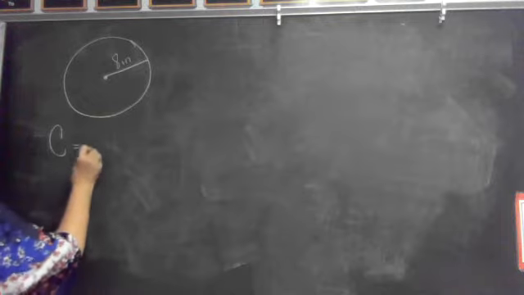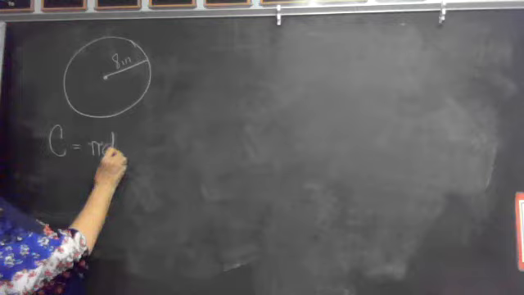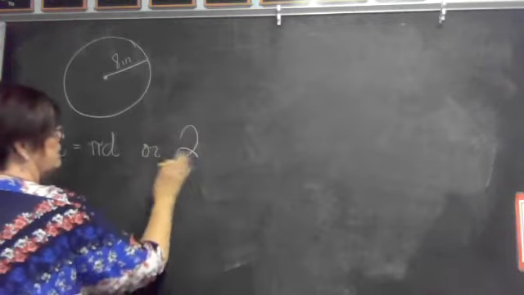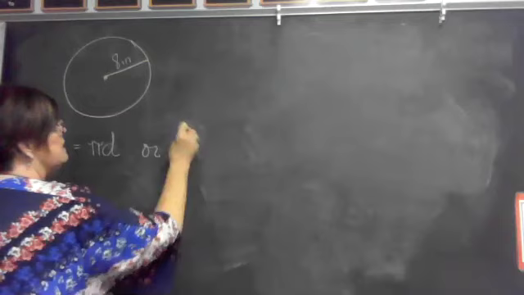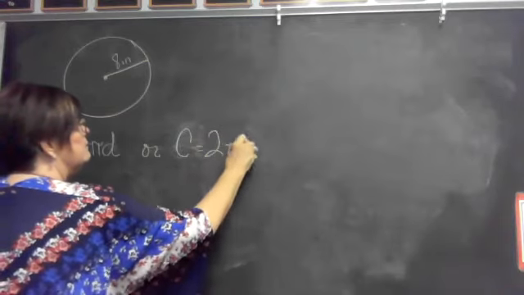Now, if you notice, when you find circumference on your formula chart, it has 2 different formulas. They're just making it easy for you. One formula: pi times d, or they have this one, C equals 2 pi r.